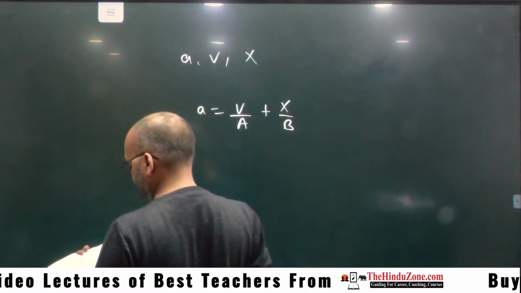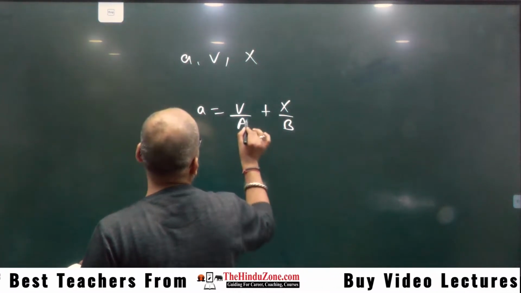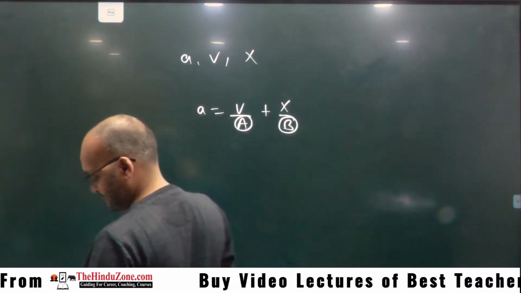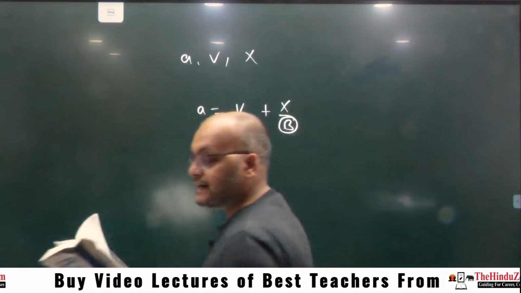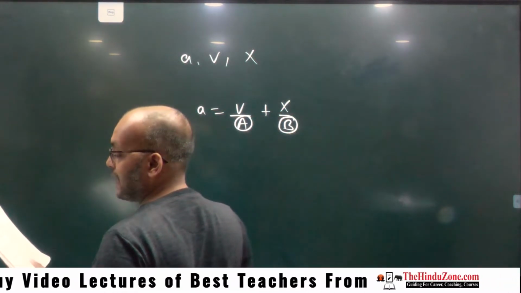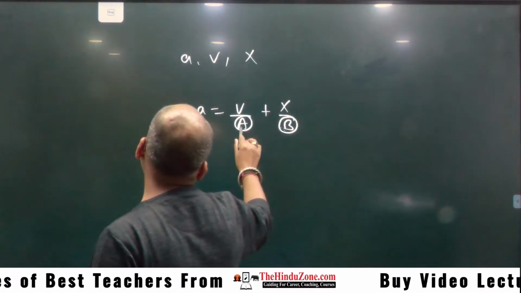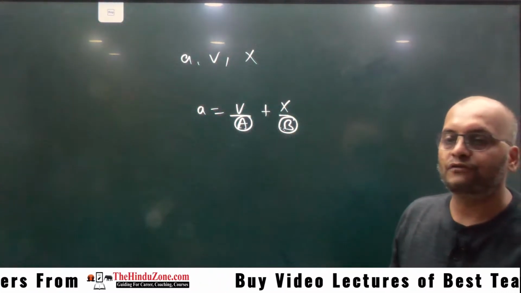Dimension of time in the dimensional formula of AB is, where A and B are constants. So what is the question asking? The question is asking the dimension of time in the dimensional formula of AB. If you find the dimensional formula of AB, what will be the dimensions of time?